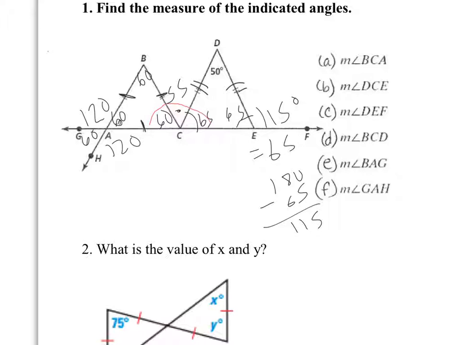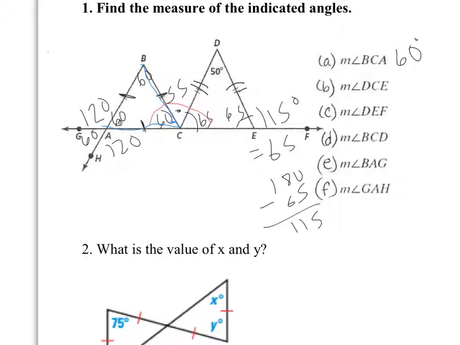Alright, so if you look at A, you're looking at BCA. For those of you that have trouble remembering how to use the 3 letters, just trace it. Start at B, go down to C, across to A. Okay, it makes an angle right there. What's that angle measurement? 60. Okay.